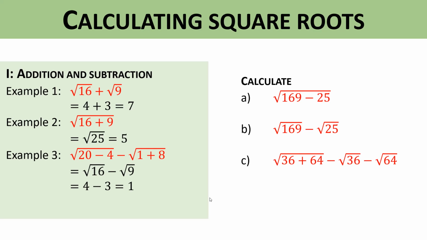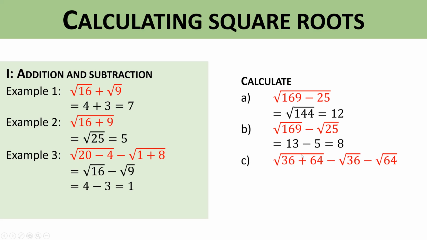So let's take a look at the answers. Here we need to subtract these two numbers first, and we get 144. So the square root of 144 is 12, because 12 squared is 144 again. Here we take the square root of 169 first, which is 13, and we subtract 5, so we get 13 minus 5 is 8.